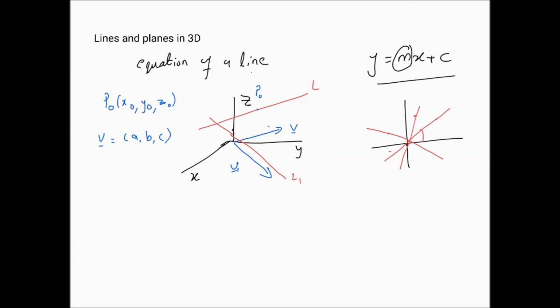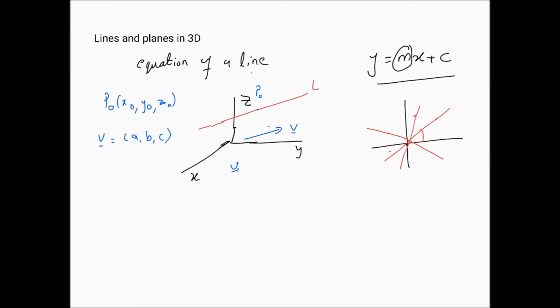You'll see that it's drastically changed. However, what is very interesting is that the only information we need for the orientation of the line is the vector V, or the vector V1 in the second example. So here is a very useful tool for us to explore how we can get to the equation of this line L.